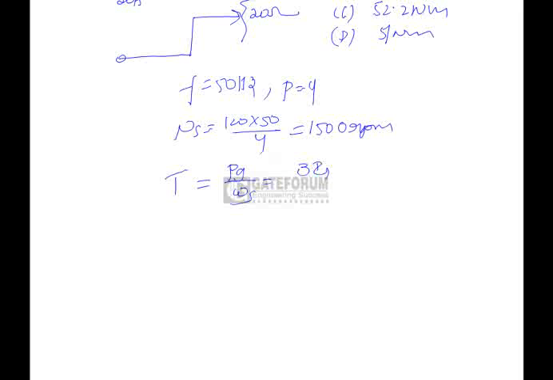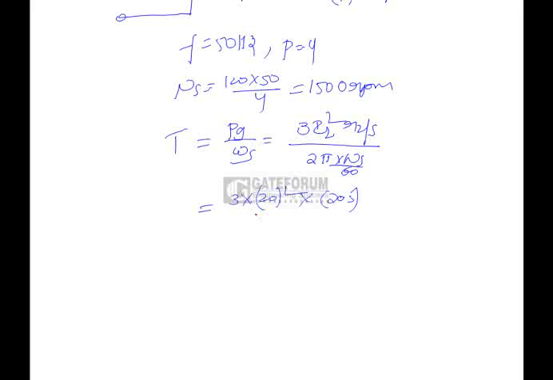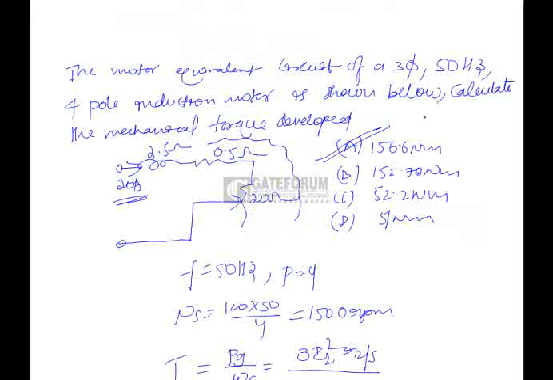Air gap power is given as 3 times I2 square into R2 by S, divided by 2 pi Ns by 60. This is equal to 3 times, rotor current is given as 20 amperes, so 3 into 20 square, R2 by S is total resistance in the rotor circuit, that is 20.5, divided by 2 pi into 1500 by 60, it is equal to 156.6 Newton meter, that is option A.